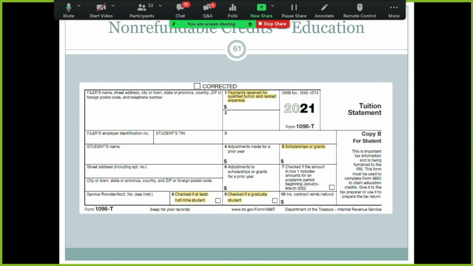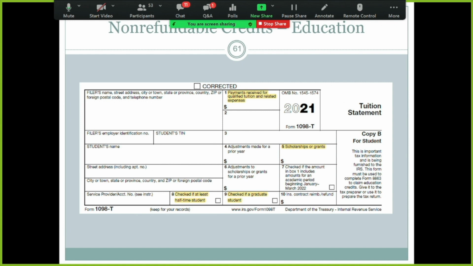You may see an amount in box 5, and that's scholarships or grants. Now, if the amount in box 5 exceeds the amount in box 1 plus related expenses such as books and supplies, then the excess becomes taxable to the student. And we talked about earlier under income the tax implications and how it's reported on the tax return.